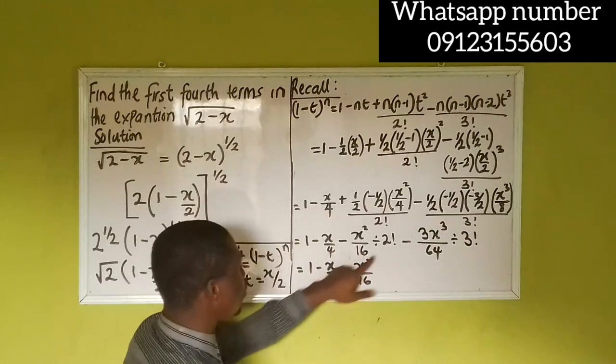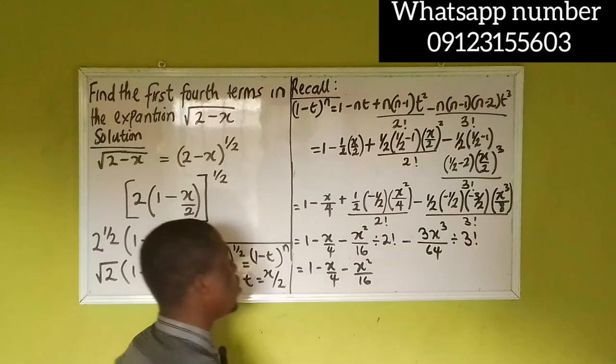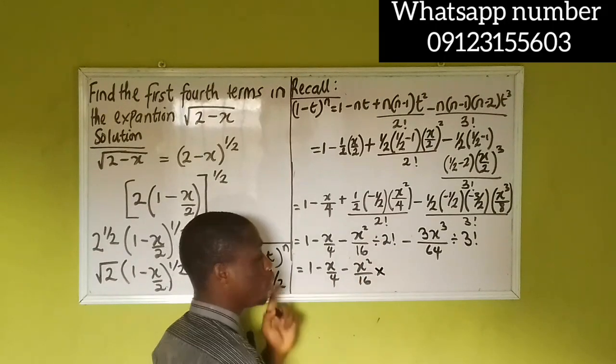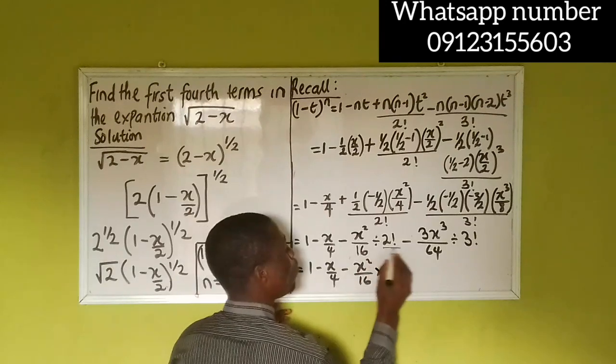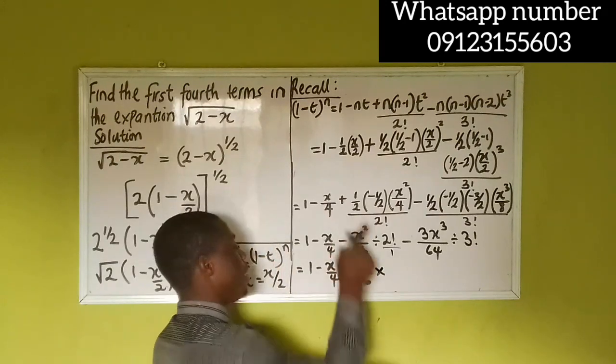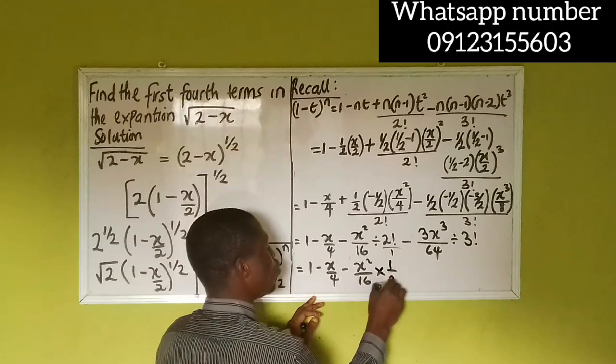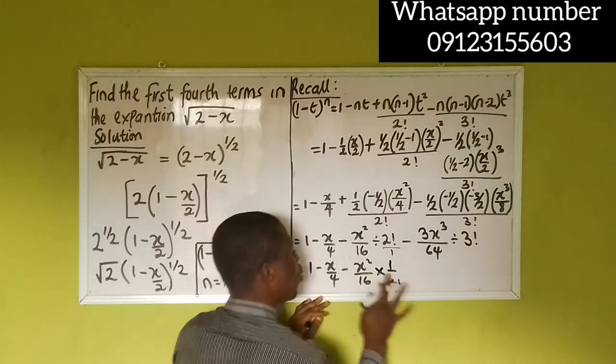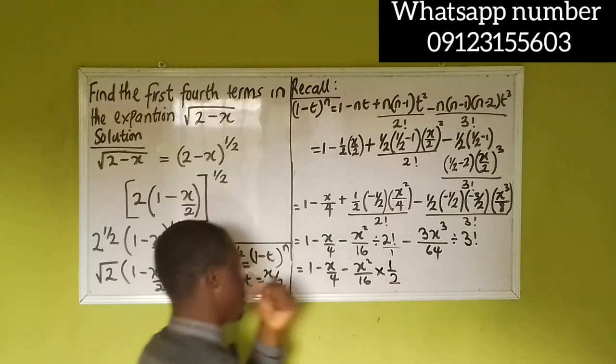So 2 factorial becomes 2. Now, I will change this division sign into what? Multiplication. Note that there's an invisible one down here. I will invert, that becomes 1 over 2 factorial. But just say 2 factorial is what? 2. I have this.